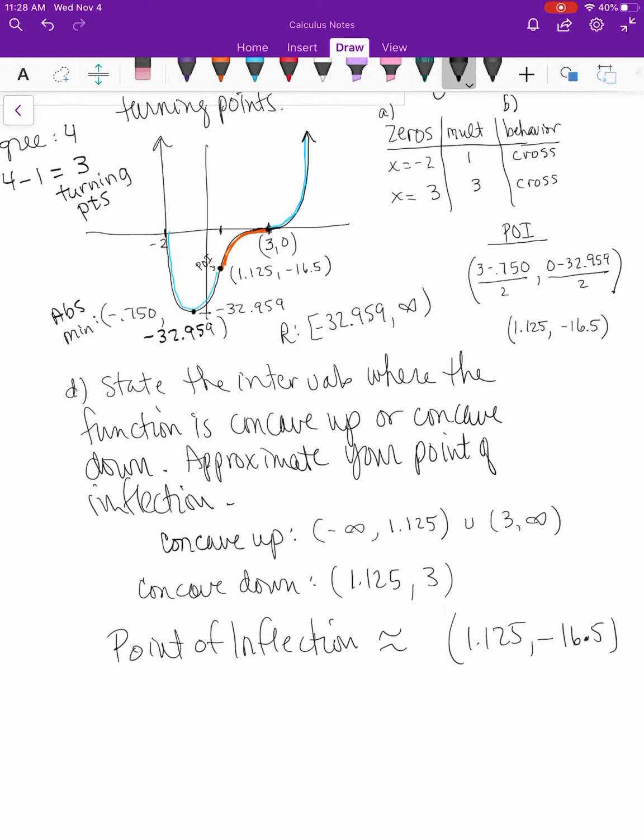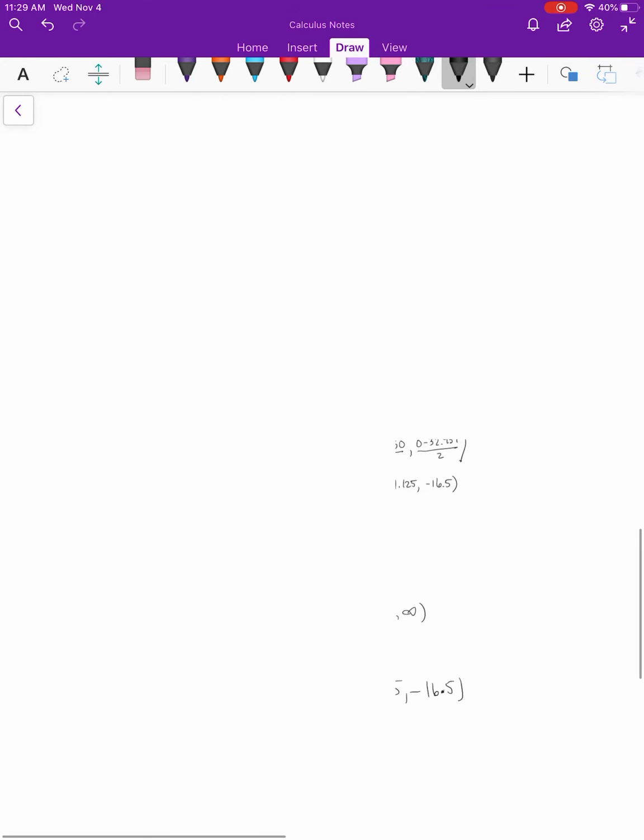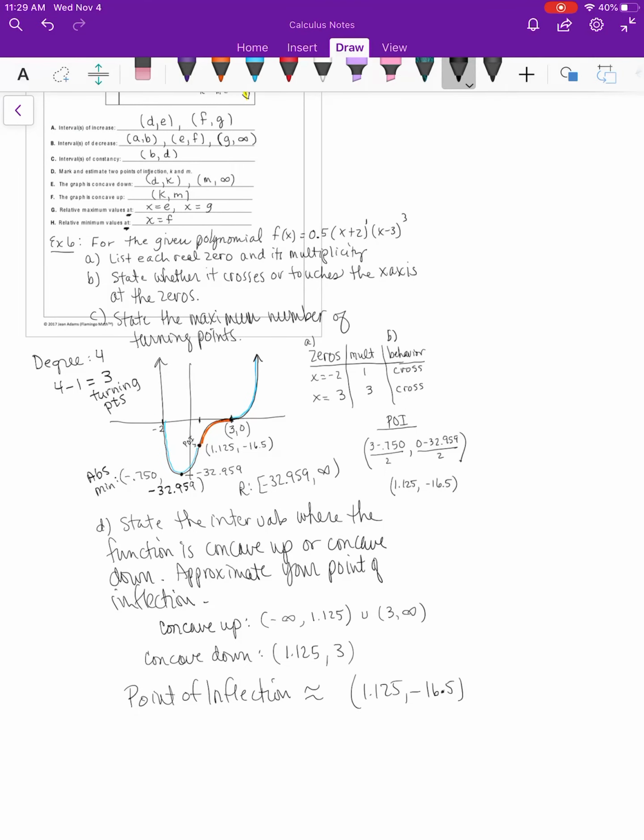So I don't know. I'm not going to worry about it. I think this is enough. I did want you to add this example because I thought it really will help you understand about turning points and crossing and touching and multiplicity and zeros and how to calculate an approximate point of inflection and things like that. So hopefully this helped.